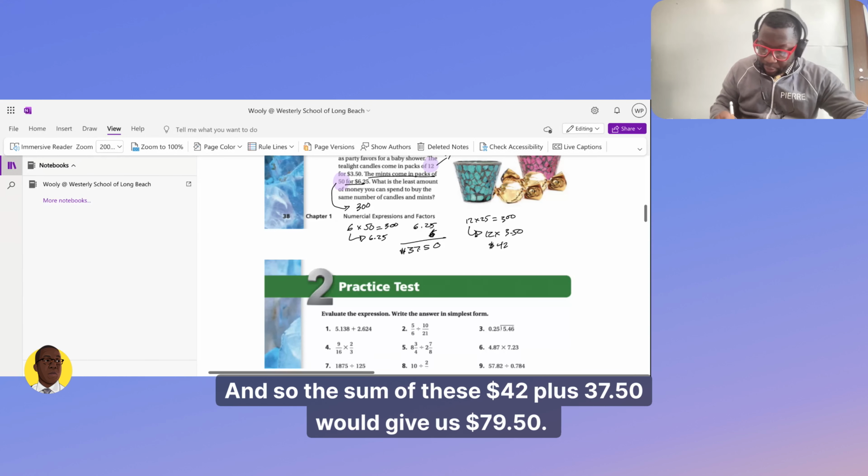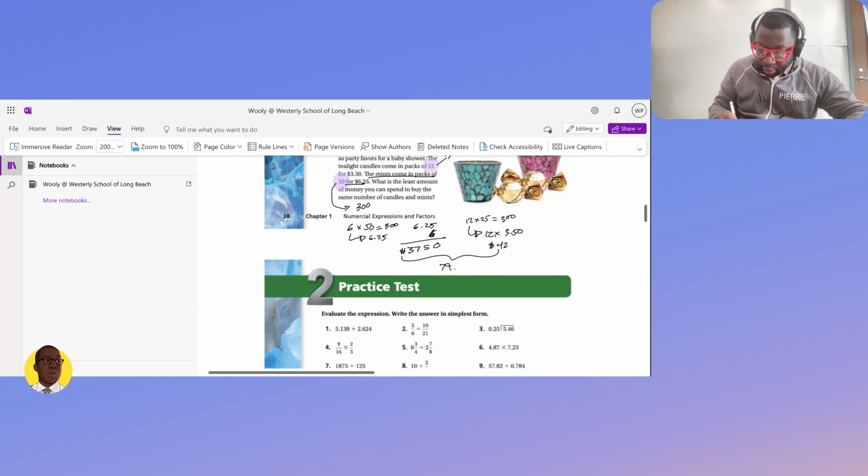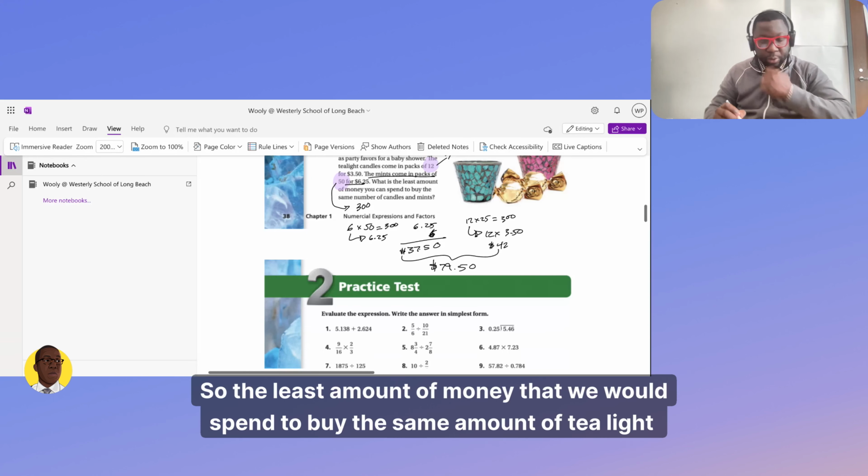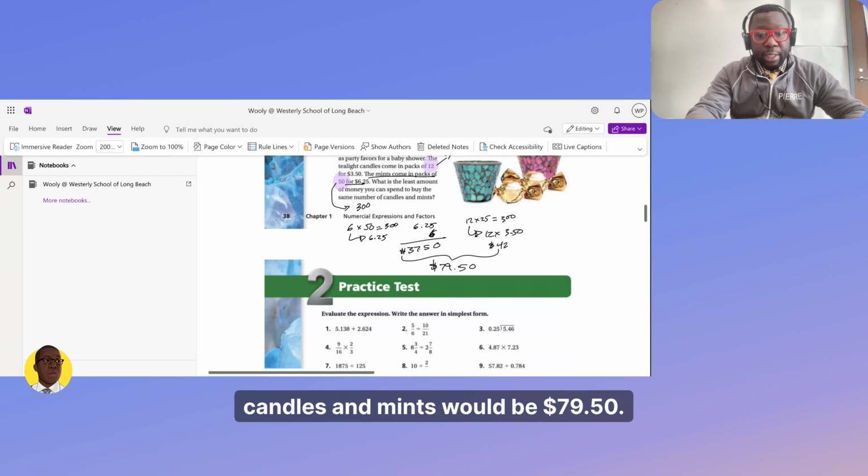And so the sum of these, $42 plus $37.50, would give us $79.50.